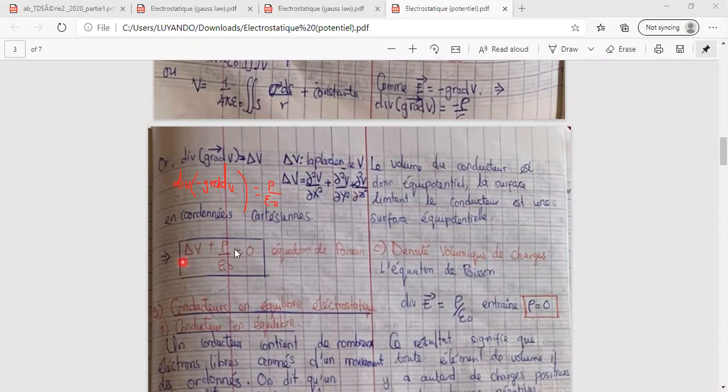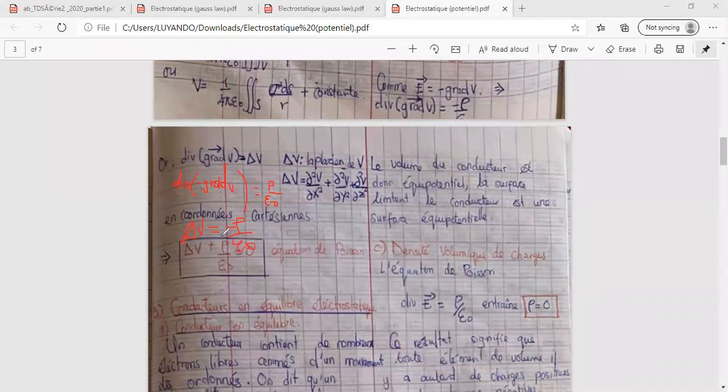And then this is the final Poisson equation, which is gotten from this. So we have the triangle V is equal to negative rho over epsilon 0.